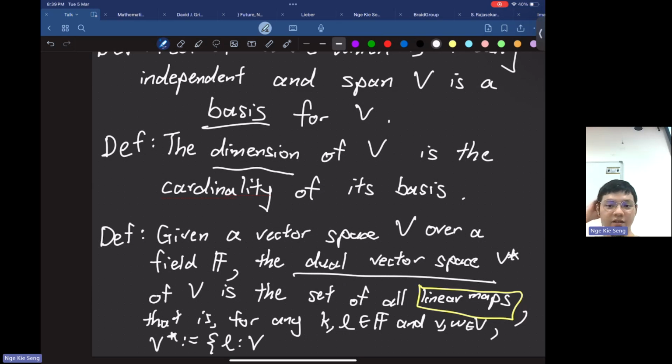This linear map is very special. These are the maps going from a vector space to the field. I give you a vector, you give me a scalar, or a number. When we talk about a field, you should have examples in mind like real numbers, complex numbers. I give you a vector, maybe in R2, and I need to produce one number. So this is the map, and this map has to be linear.